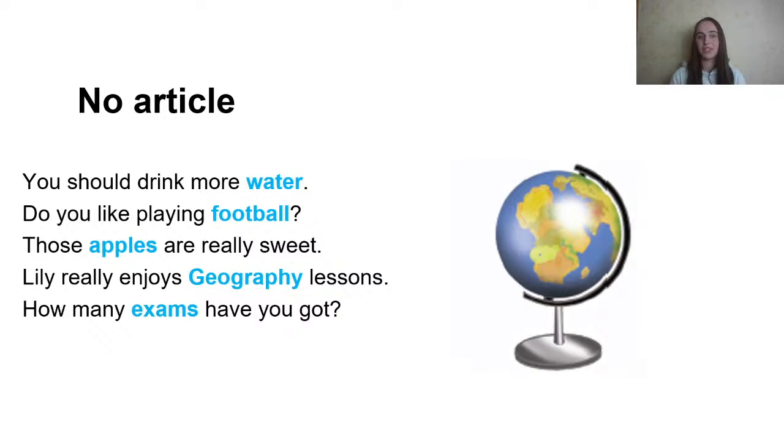So again, just talking about no article, we may say that we use no article before countries. I have already mentioned that to you. So when we talk about countries, we use no article. Ukraine, Germany, France, and so on. When we talk about nouns that cannot be counted, that is right, Maxime, yes. So water cannot be counted.